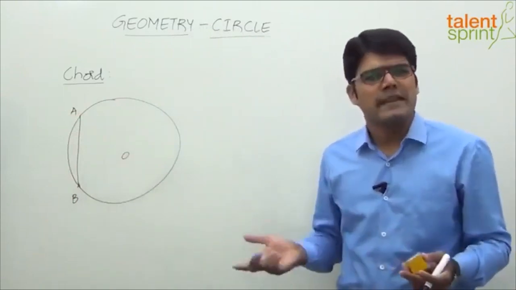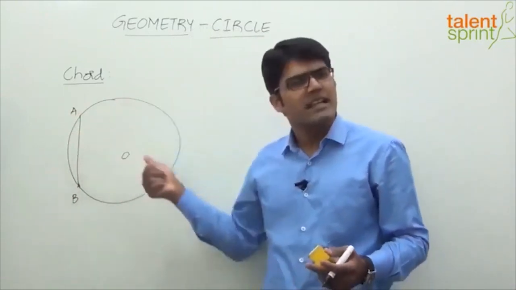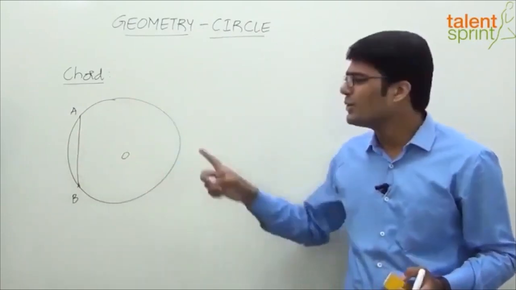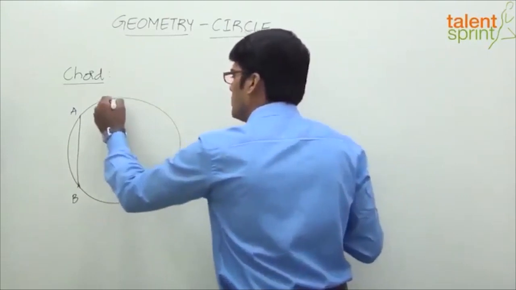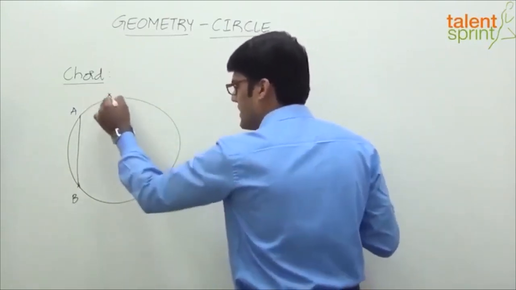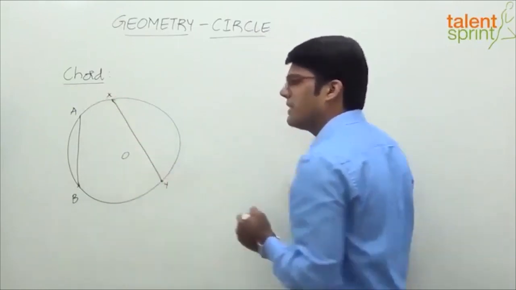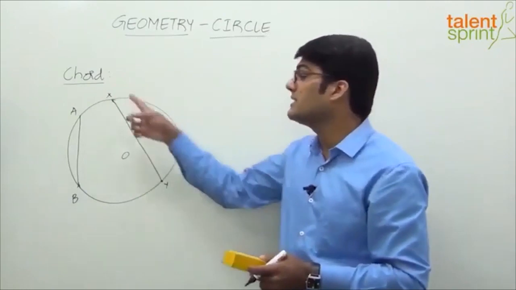So that straight line AB is called the chord of the circle. Now there are infinite chords in a circle because we can take any 2 points on the circumference and connect them to get a chord. Likewise, let's say you connect these 2 points, this is X and this is Y. So XY is another chord. The largest chord in a circle is the one that passes through the center of the circle.